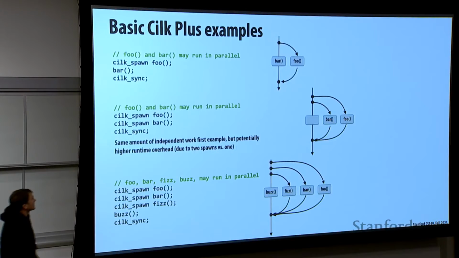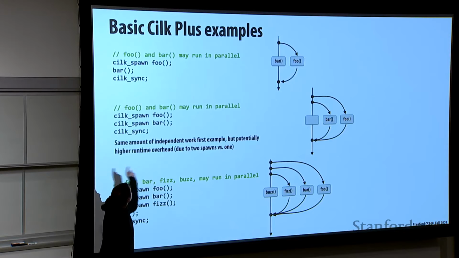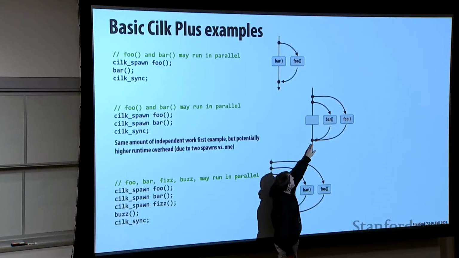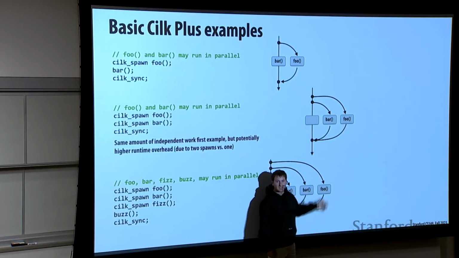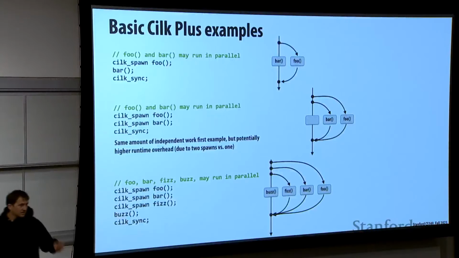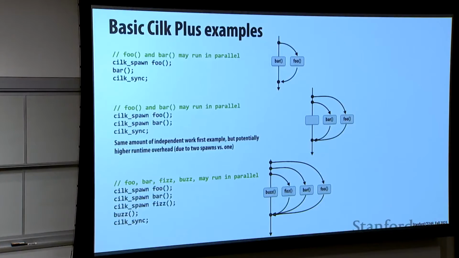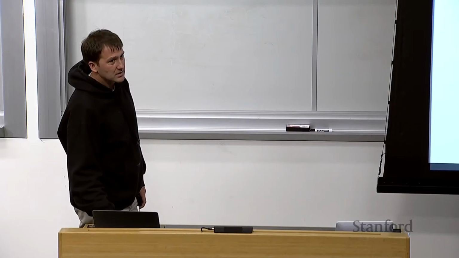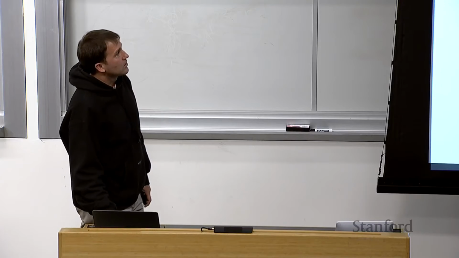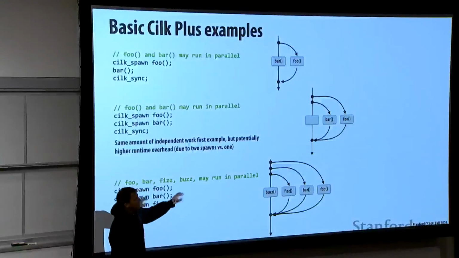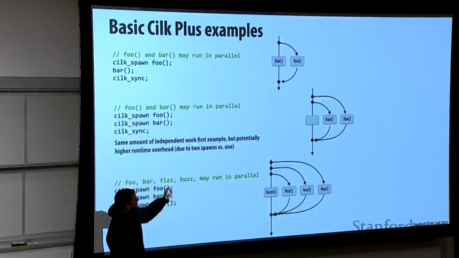And then just check your understanding. I can also spawn foo, spawn bar, and then sync, and notice that the initial logical thread doesn't do anything. It just sits there and waits for foo and bar to finish. Yes? Is it guaranteed that, say, in the second example, foo and bar will run concurrently when spawned with this Cilk spawn? We should be careful about this. I want you to think about this as logical work.